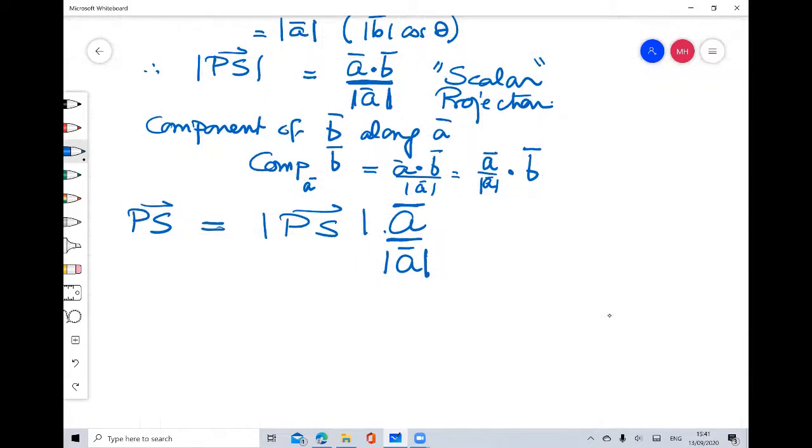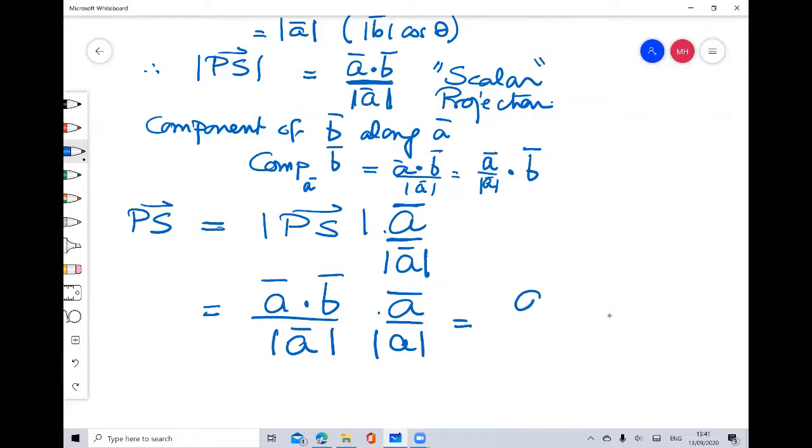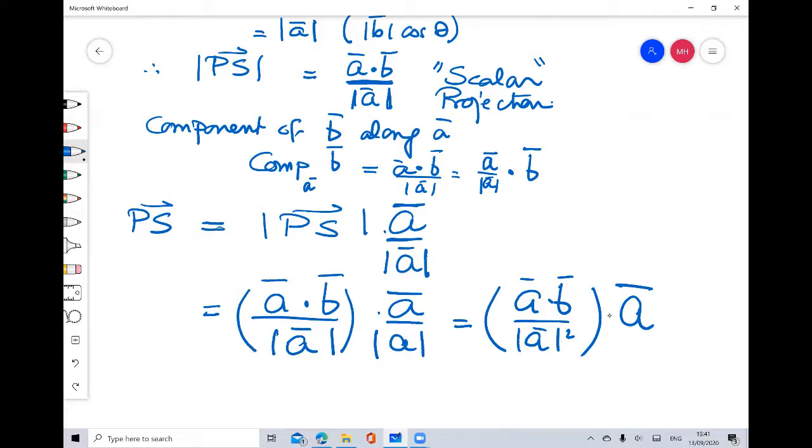Okay, now PS from our formula is A dot B, this is the component A part of the projection of B along A, times the vector A over the magnitude A, or it is A dot B over magnitude A squared, which is a scalar times the vector A. But I could consider it like this: a magnitude times a unit direction, or overall I'm doing the job like this, okay.